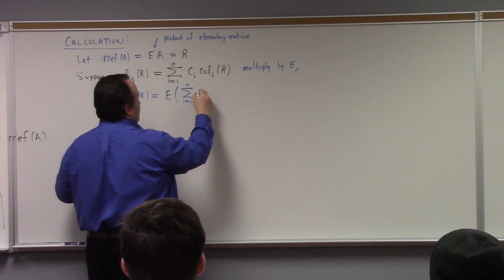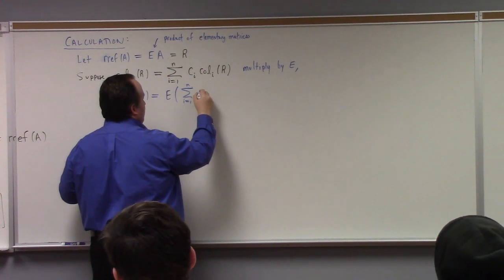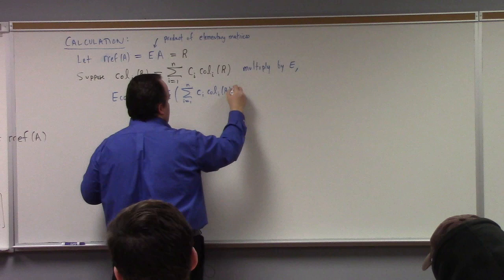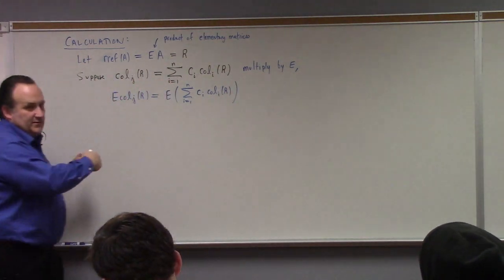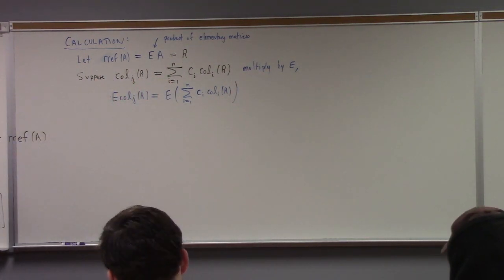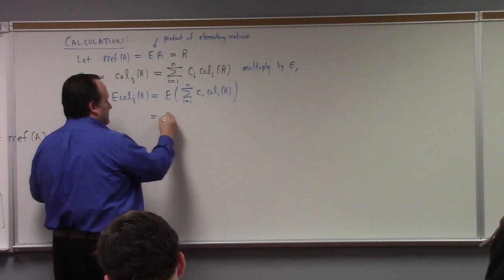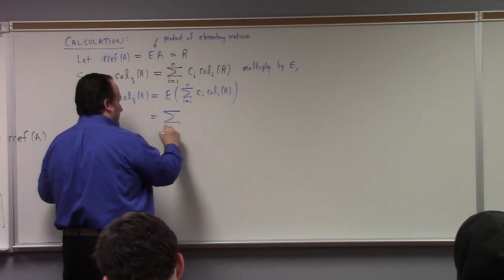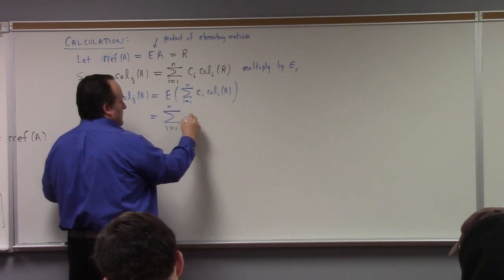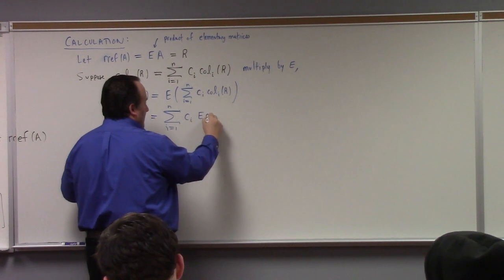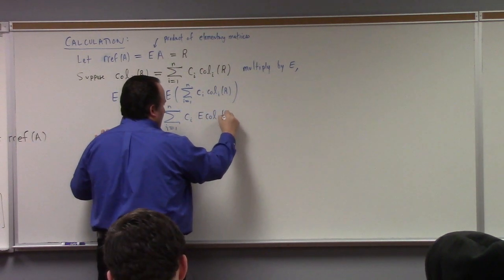If I have a matrix times the sum of vectors like this, by properties of matrix multiplication I can pull the constants out, and I can pull the summation out. I can rewrite this as the sum i equals 1 to n of ci times E column i of R.